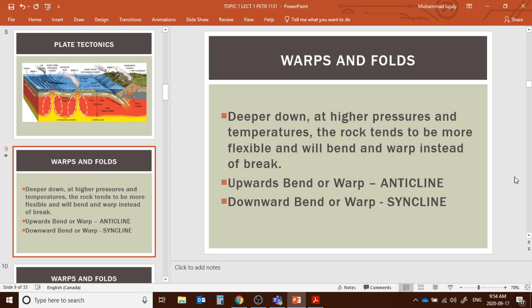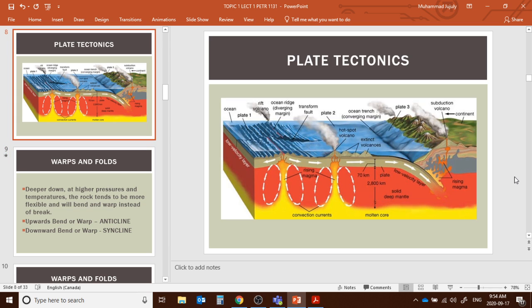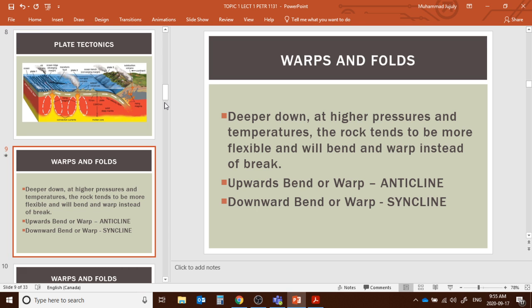Why? Because of the high temperature. Because the temperature at the bottom is very high, the rocks act more flexible, and they will bend and warp instead of breaking.